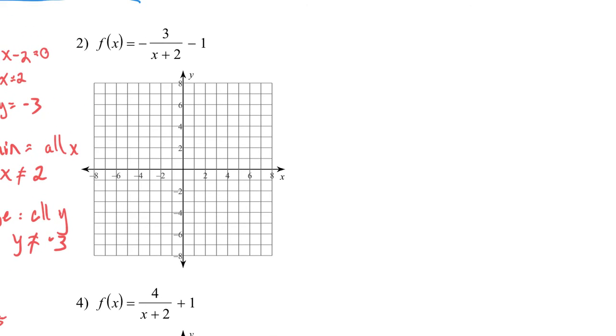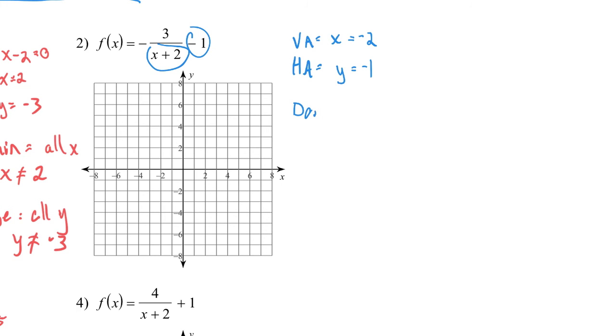Okay, so let's run through this one quick. We have our vertical asymptote. It's going to be the opposite of what's in the bottom, so x is equal to -2. The horizontal asymptote is going to be -1, and that's a y equals.